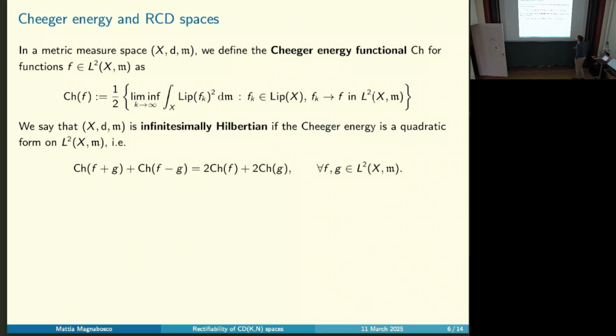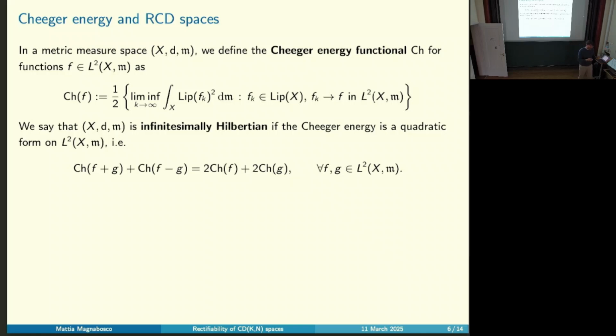And to overcome this problem, there was a need to introduce this infinitesimal Hilbertian assumption that now I'm going to describe. And this infinitesimal Hilbertian assumption is given in terms of the Cheeger energy functional, which is defined in a metric measure space for every function in L2. And this is defined with a relaxation procedure. Once again, I'm not really interested in the definition.